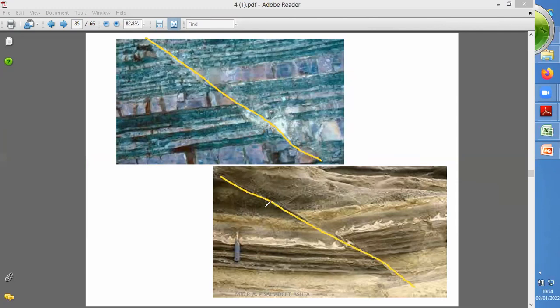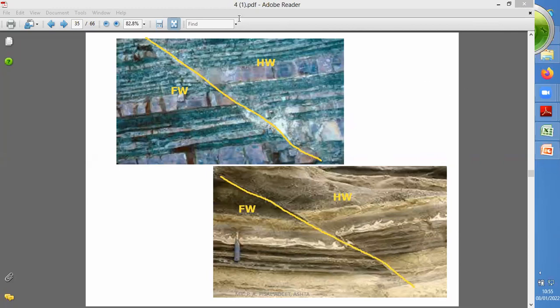Now when you look here, the side which rests above the fault plane is the hanging wall, and the block which rests below the fault plane is the footwall. I have marked the hanging wall and footwall here in this field photograph.